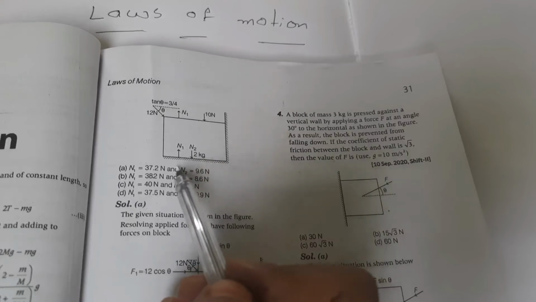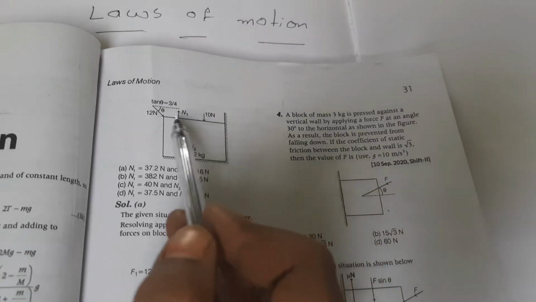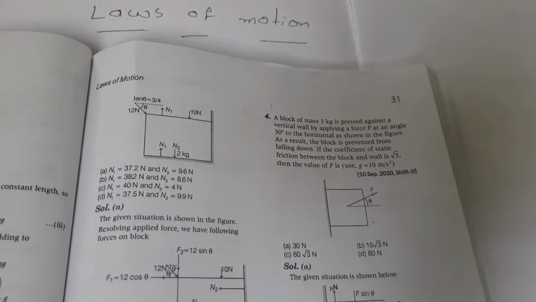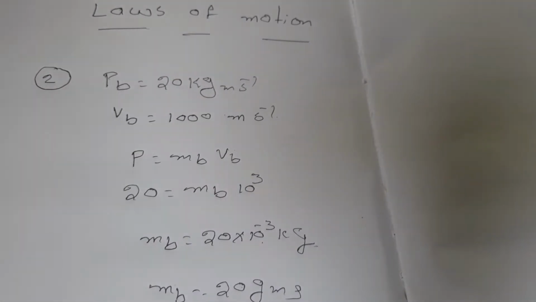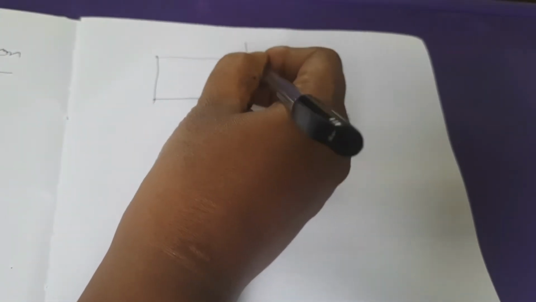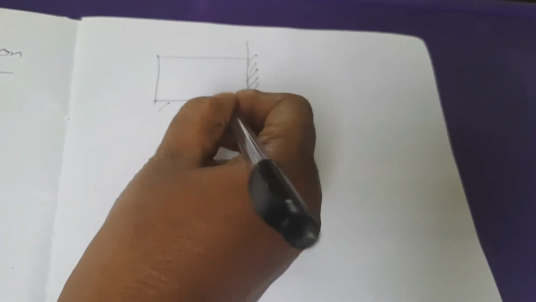First we have to resolve this force into its components. The question is to find the normal reactions at both the surfaces. Once again we should draw the diagram, then we can easily understand. These are two surfaces, and one big block is arranged between them.